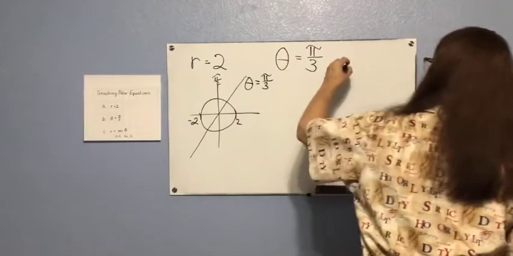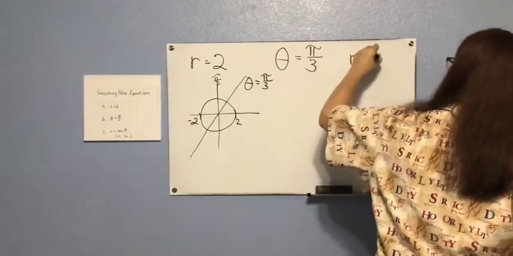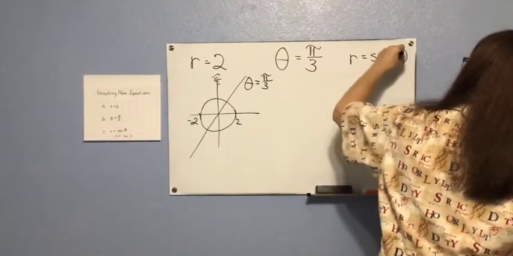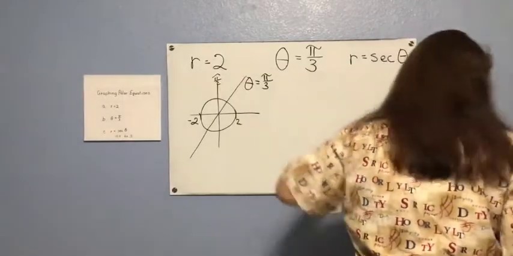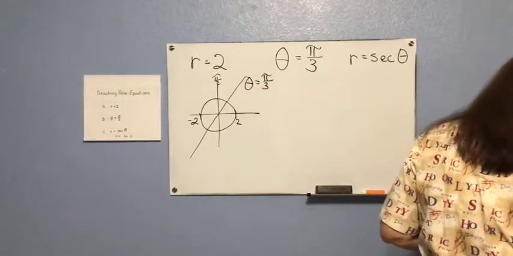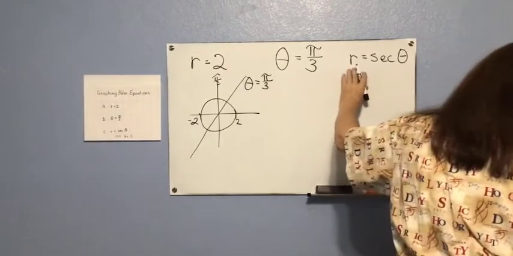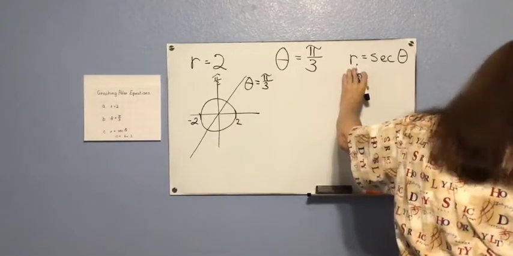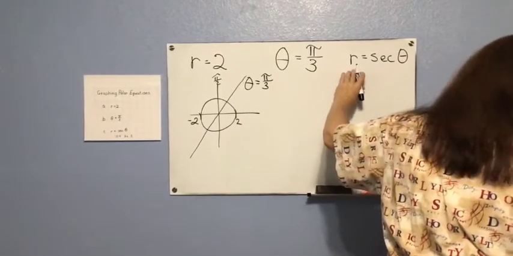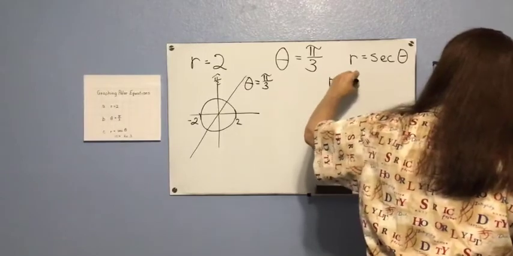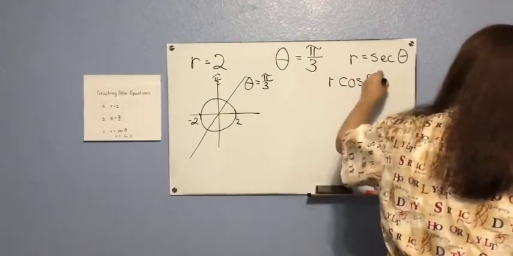For a third example, let's do something a little more complicated. r is equal to the secant of theta. This is not as obvious as these two were. So we're going to start with this polar equation and change it to r cosine theta equals 1.